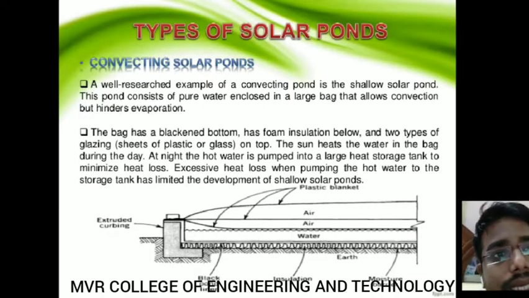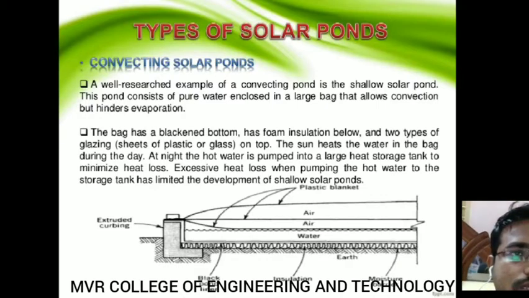There is a blackened bag at the bottom with foam insulation, covered by plastic or glass. The sun heats the water in the bag during the day, and at night the hot water is pumped into a large heat storage tank to minimize heat loss.